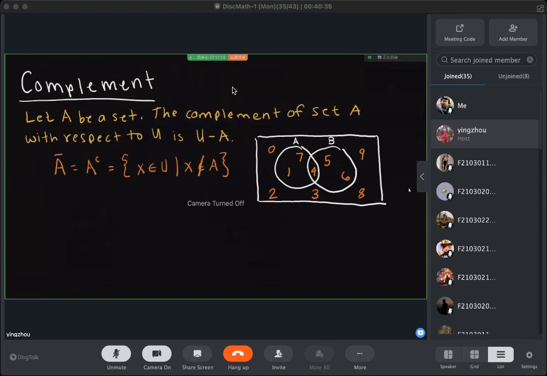Complement is another operation, a concept that is really important to understand. The complement of a set is essentially any elements in the domain or the universe that are not in that set.